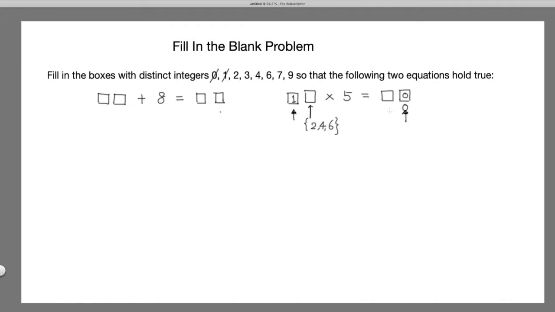And here, this number is 1-something times 5: 12, 14, 16. So this number is going to be either 6, 7, or 9. That's what we got from the second equation. How do we proceed after this?